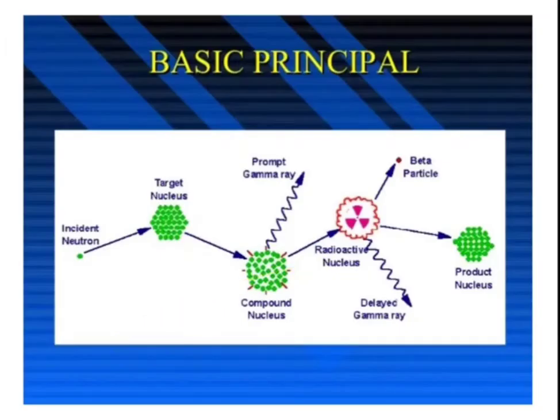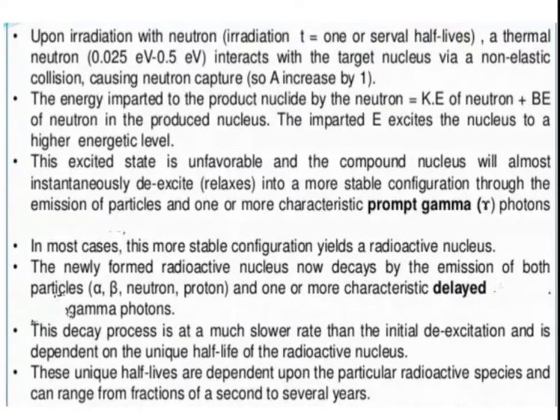So as we bombard a neutron on the target material, it will capture the neutron. So the energy of the target material is increased, and that energy, written here as energy imparted to the product nuclei by the neutron, is the kinetic energy of the neutron plus the binding energy of the neutron in the produced nuclei.